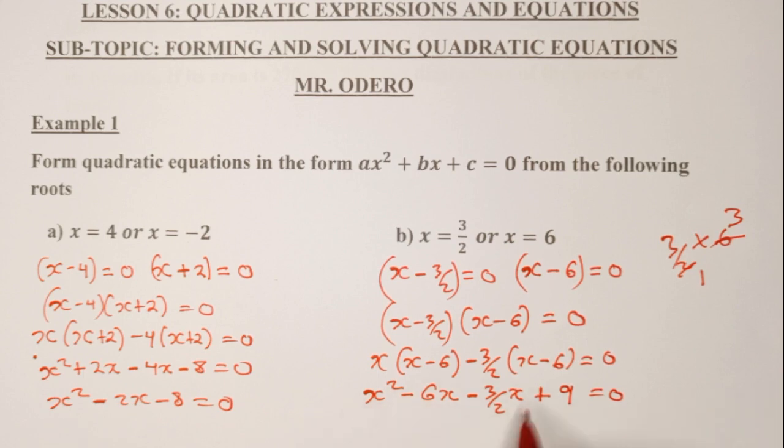So I don't like dealing with the denominators. You can remove these 2 here by multiplying everything by 2. So you'll have, this will be 2x squared minus 12x minus, so this one 3 over 2x times 2, 2 cancels, you're going to remain with 3x, then plus 18 equals 0.